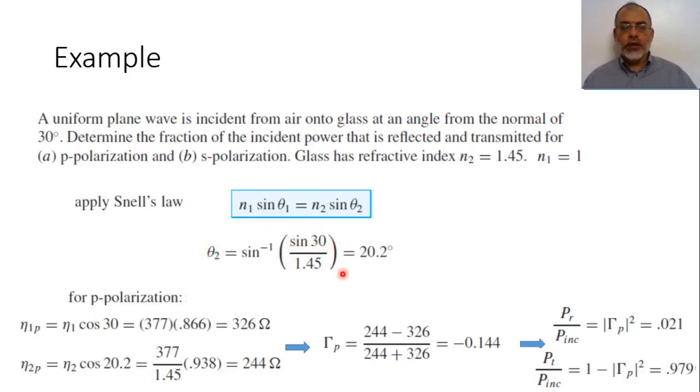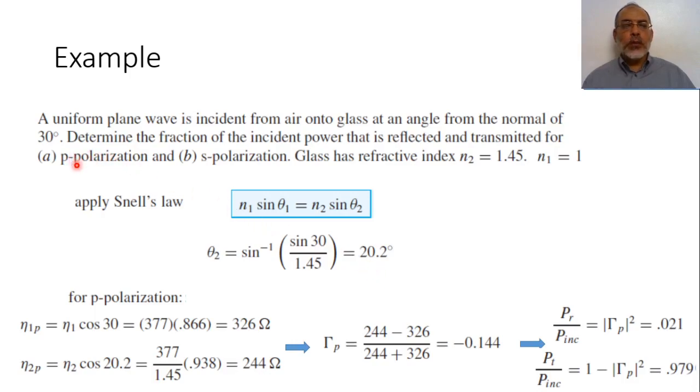So we obtain that the angle of the transmitted field would be 20.2 degrees. It should be noted that if I am moving from a material with a small refractive index to a material of higher refractive index, the transmitted angle would be smaller. Right?